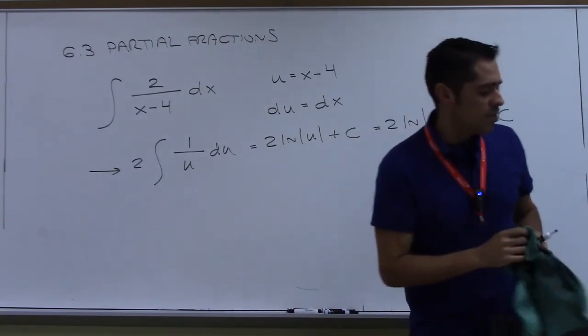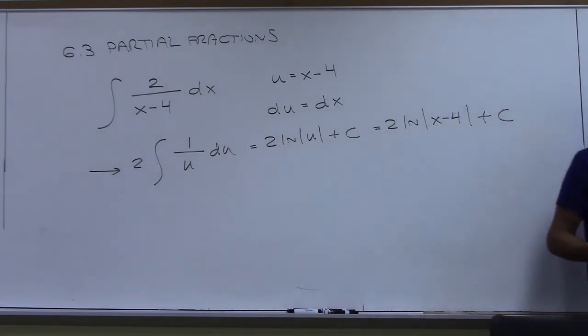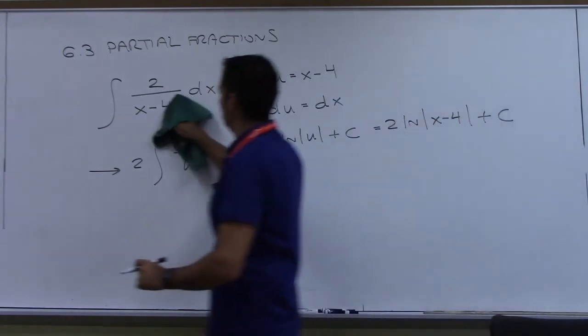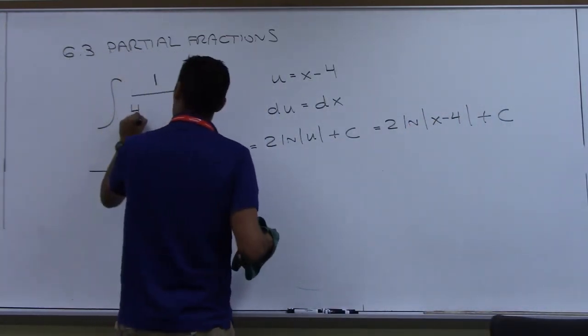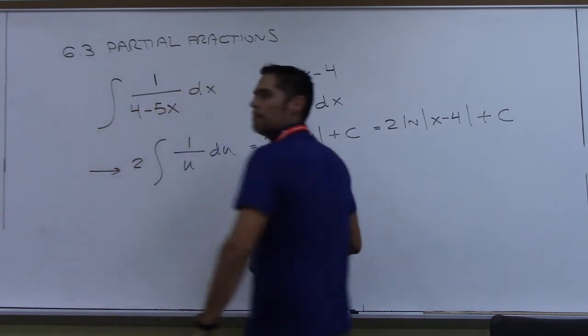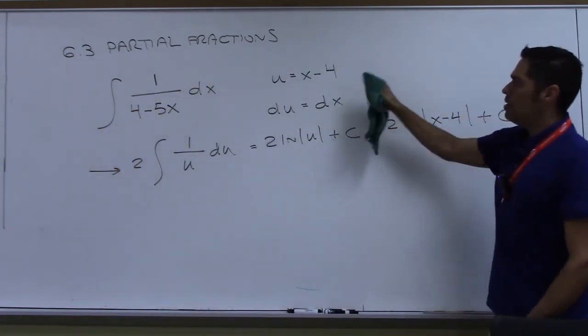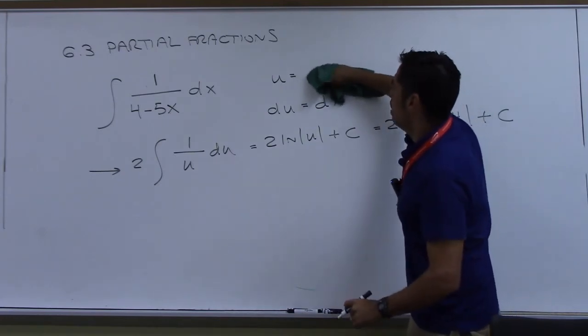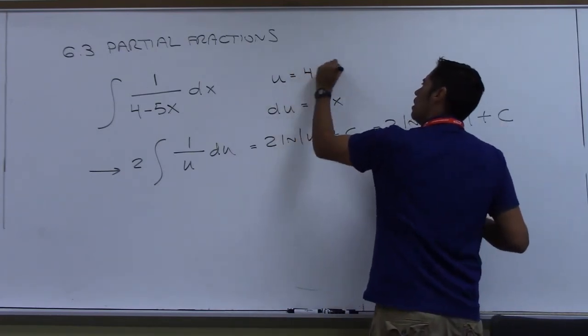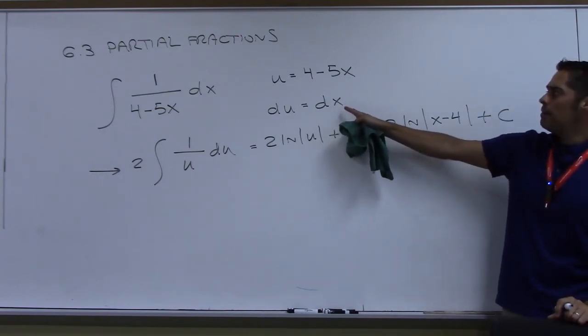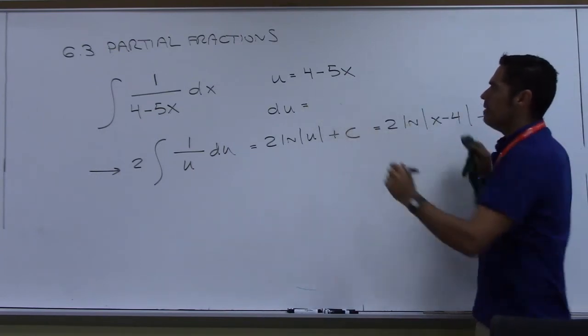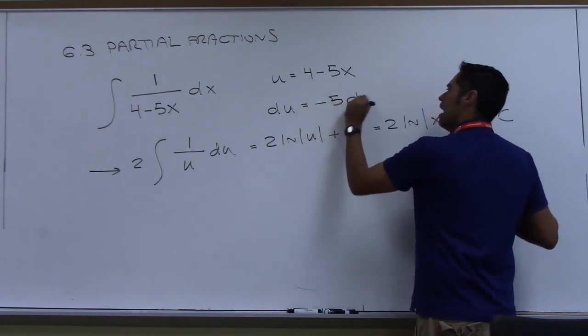Okay, look at the next one. Another constant over a linear expression, so this is exactly the same as the one we just did. Our u here would be 4 minus 5x. That would change one thing: our du would now be negative 5 dx.